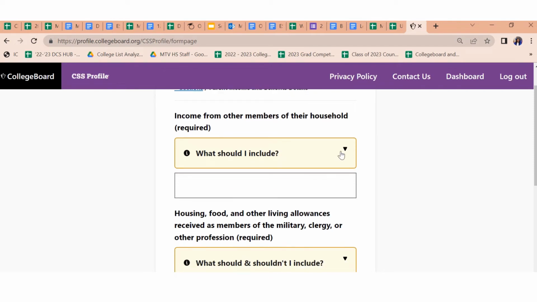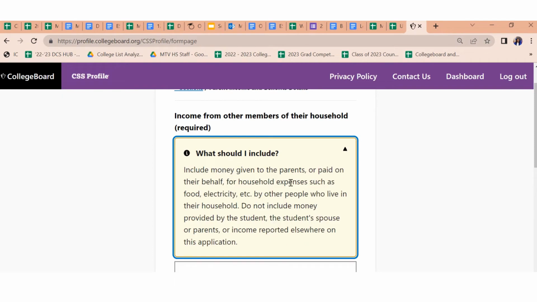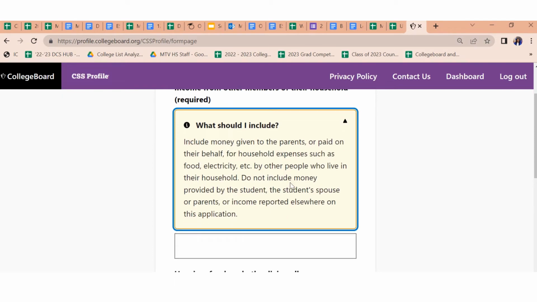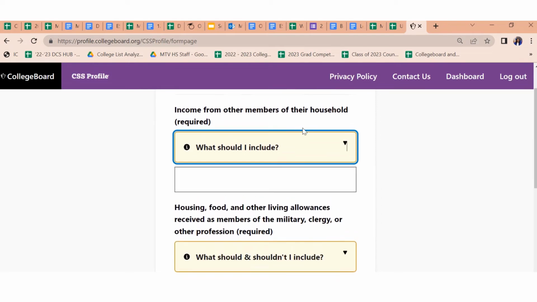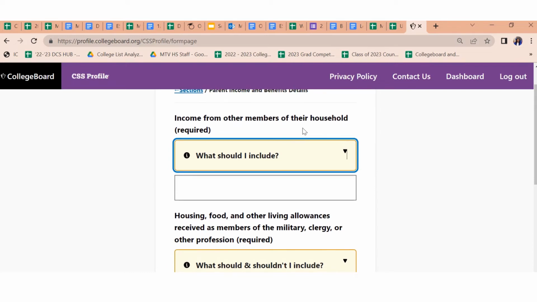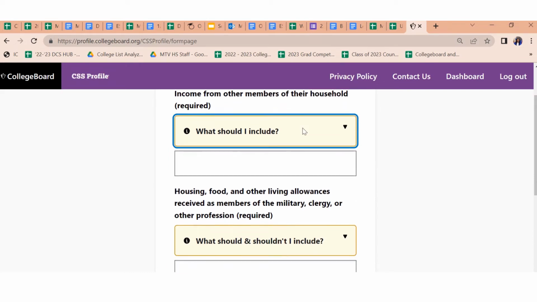And then this next question is asking if there is any income from other members of your household. So this might include money given to the parents or paid to the parents to help supplement bills or things like that. So this is asking for additional income that the family may have gotten from additional members.